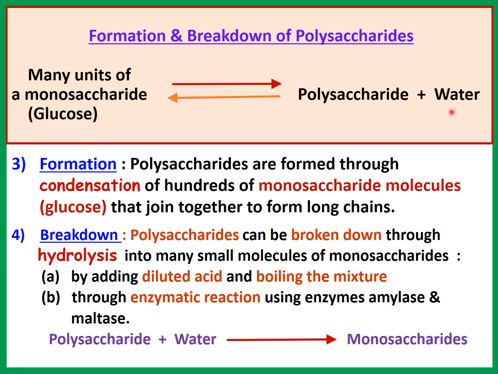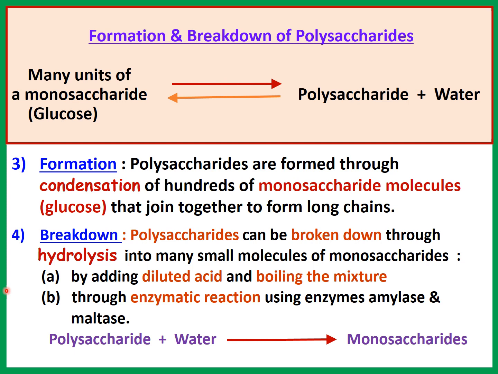That means water is formed as a product. So an example is that of starch. Glucose molecules join together to form long chains and produce the starch molecule, which is a polymer of glucose, a long chain of glucose molecules.